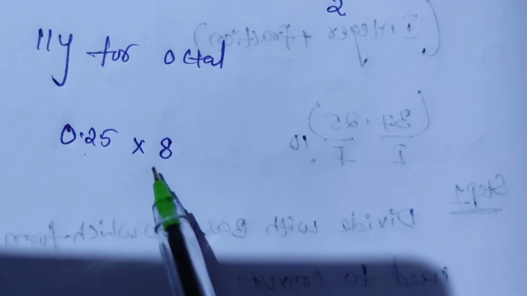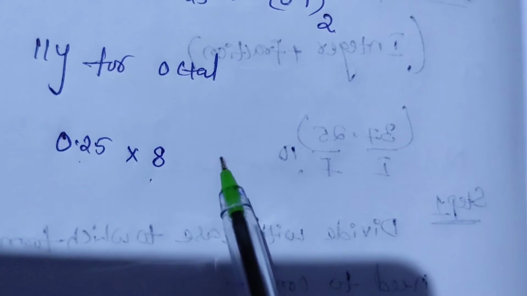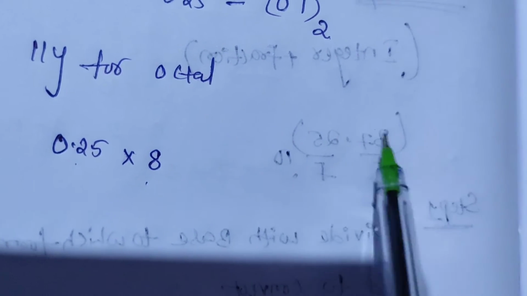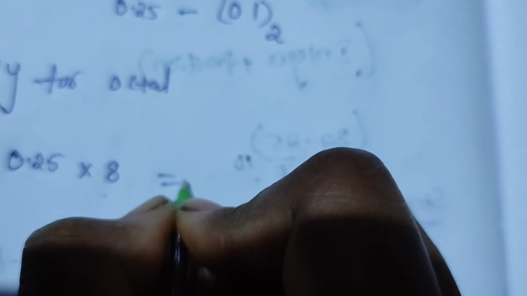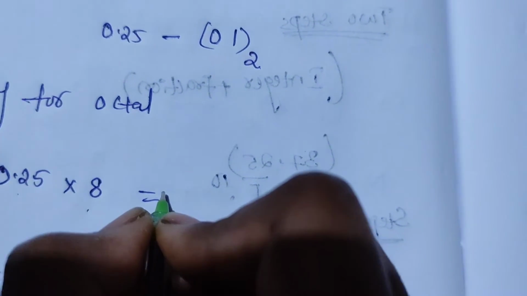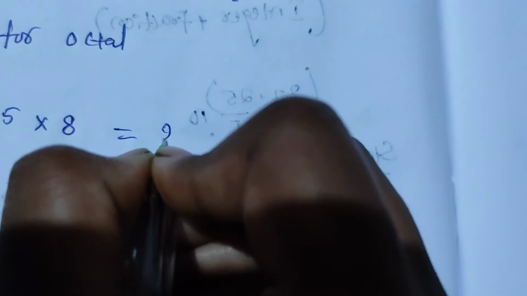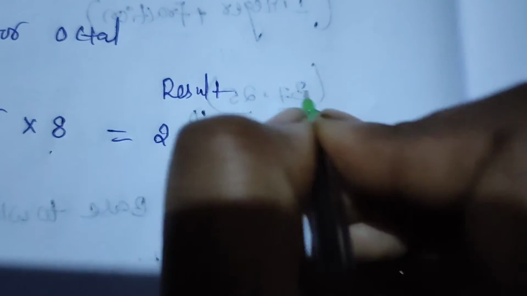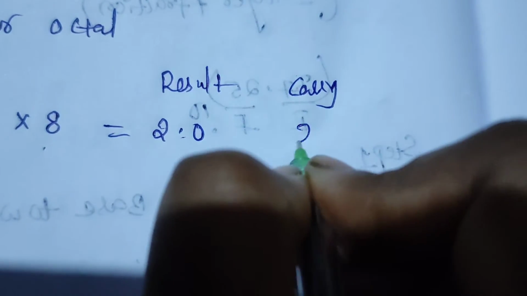Similarly, for octal you need to multiply this fractional part with 8. So you will get result and carry. That is, 0.25 into 8 is 2.0. The carry is the value before the decimal point, 2.